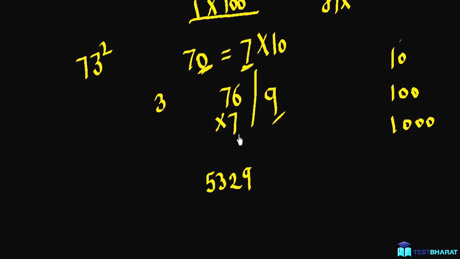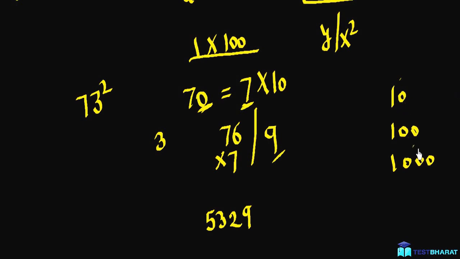So don't get confused. If you take base as 10, 100 or 1000, first count the number of zeros, and that gives you the digits in this place. The number of digits will be equal to the number of zeros. The extra digit will be carried forward here.